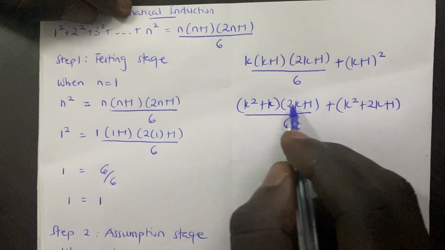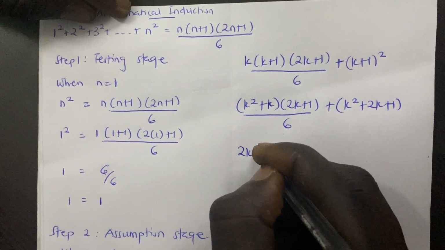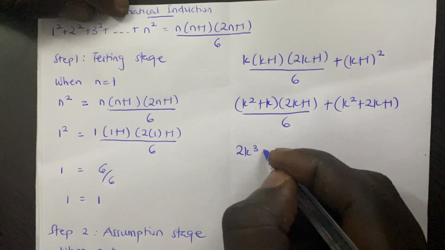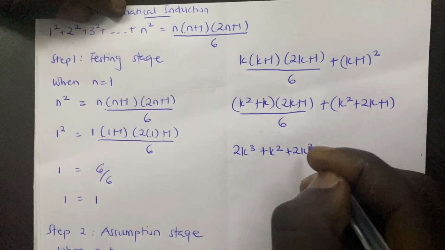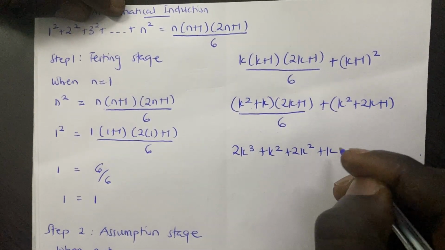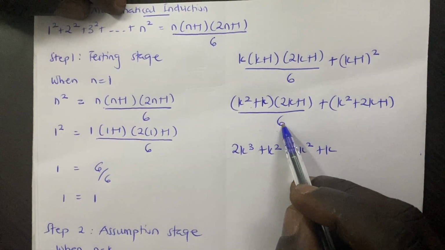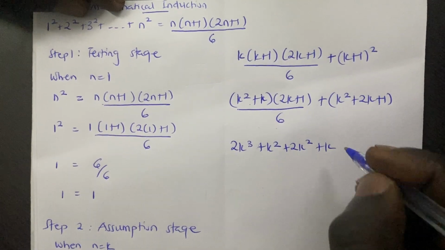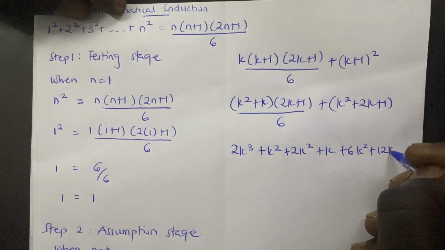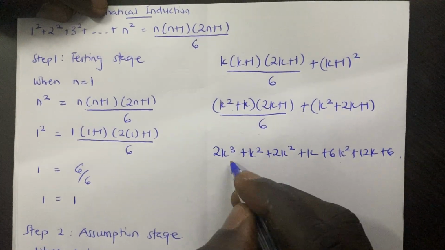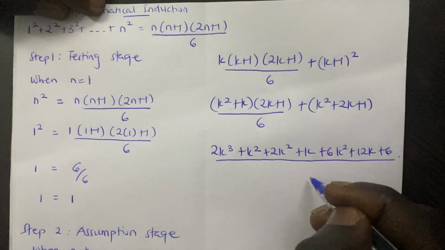So we are going to get, expanding this, 2k cubed, this times this times this will give us k squared, this times this will give us plus 2k squared, and this times this will give us plus k. And when we want to find the LCM, this 6 will come here to multiply all these. So we are getting plus 6k squared plus 12k plus 6, all divided by 6.